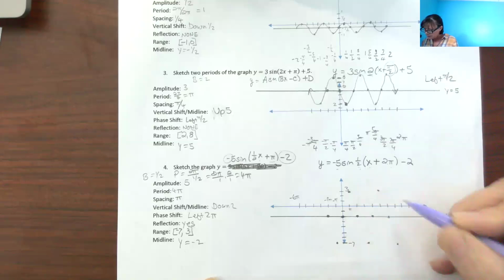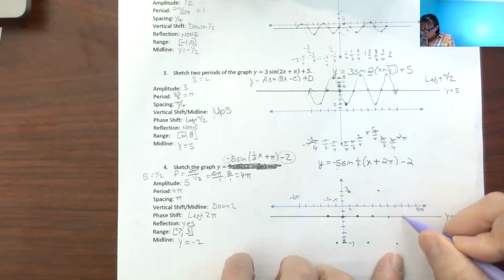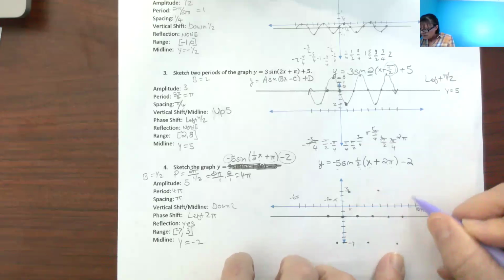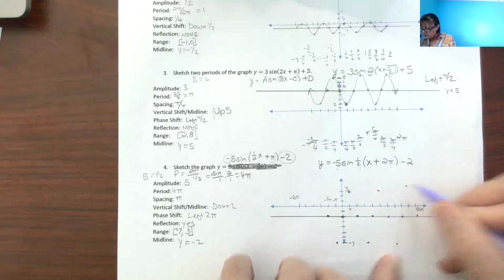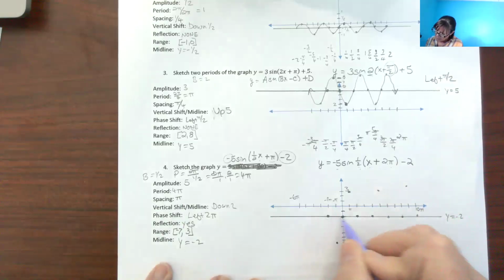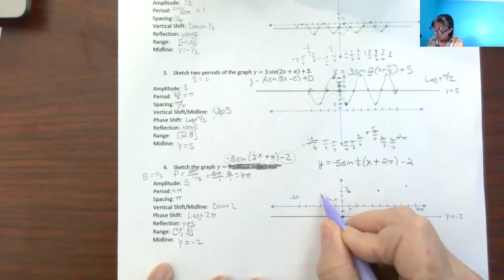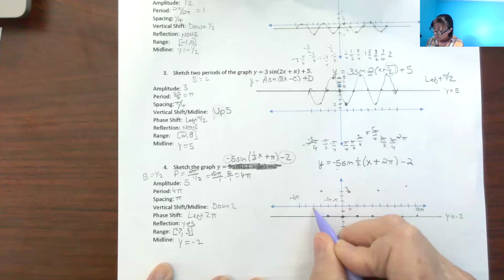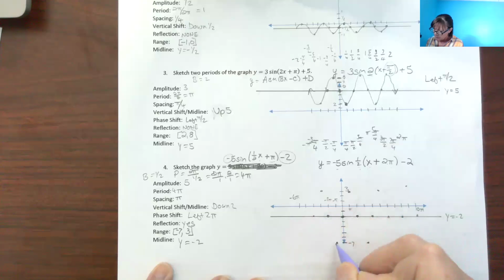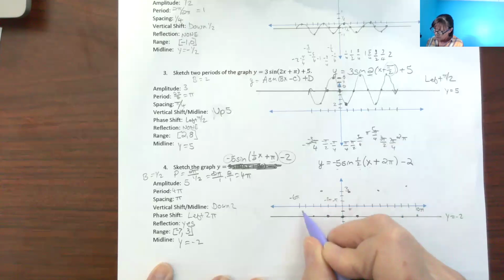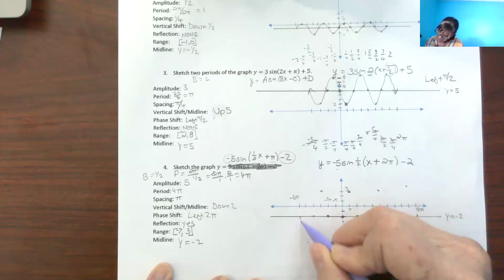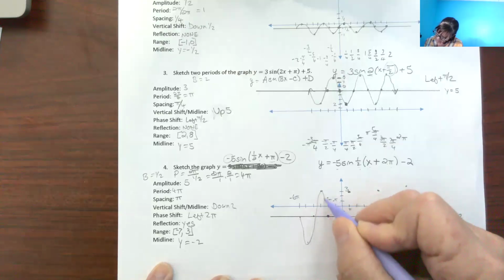And then we're at middle. And then we're at high. And then we're at middle. So the high goes here. And if we continued it backwards, this is down, middle, the next one will be high, and the next one will be middle, and the next one will be low, and the next one will be middle.